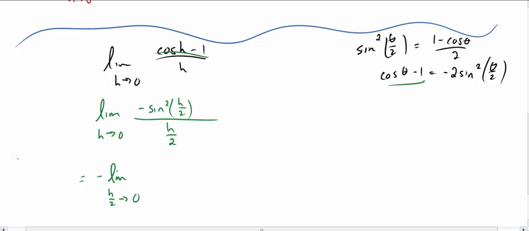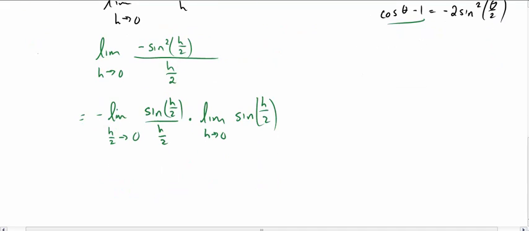If h is approaching 0, h over 2 is also approaching 0. And I'm just going to do a little bit more manipulation. This is sine(h over 2) over (h over 2) times the limit as h goes to 0 of sine(h over 2). So I split up the sine squared h over 2.